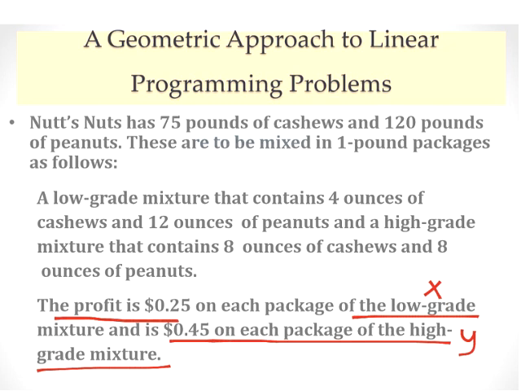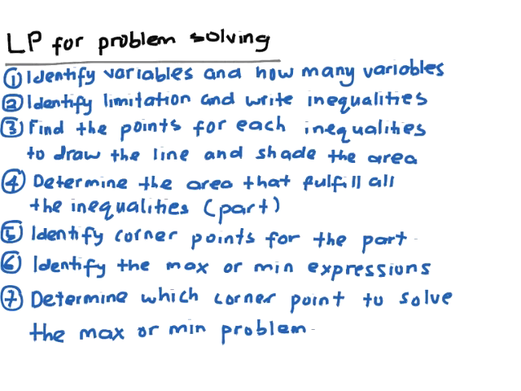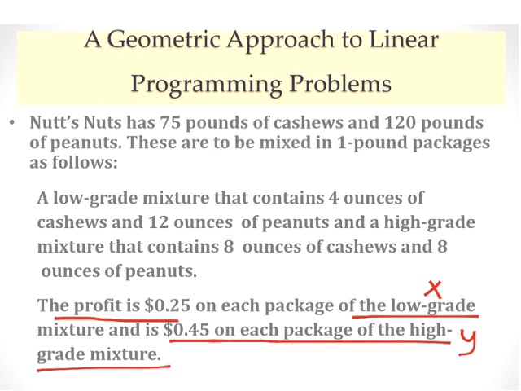Okay. So the second step says that we need to identify the limitation and write the inequalities. The limitation is in terms of the raw materials or the labor or the skills that our employees have.